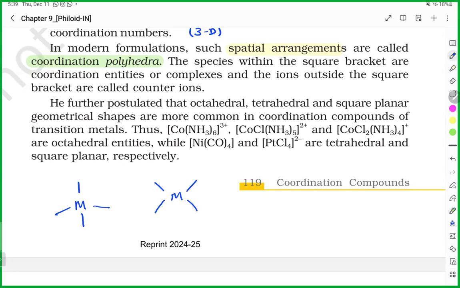Whatever is present within the square bracket is known as the coordination entity or coordination complex. Outside is the counter ion.